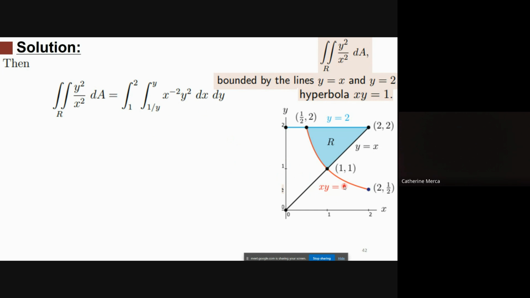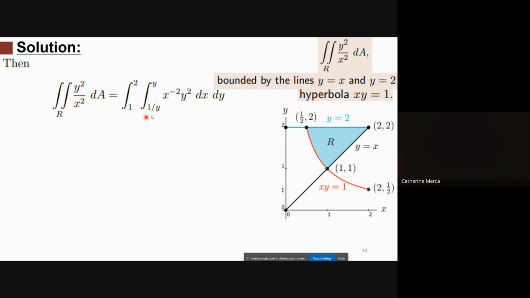So x moves from 1 over y to the function value, x equal to y.